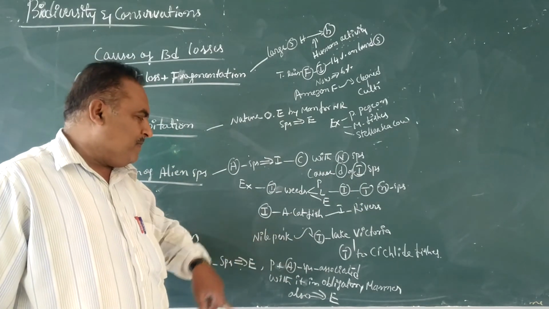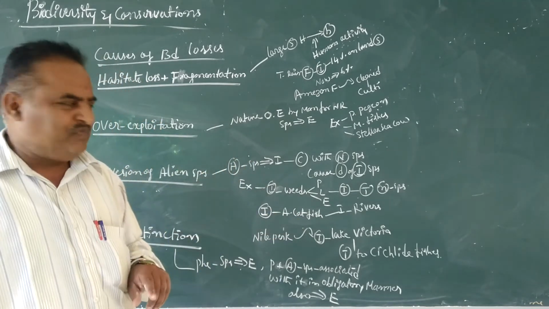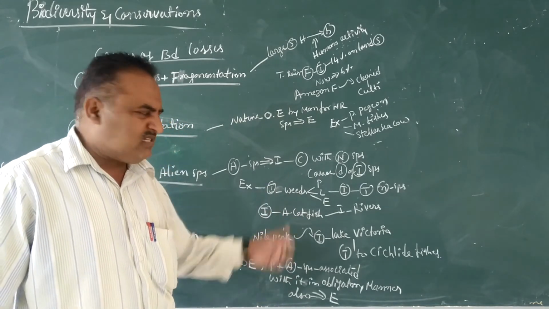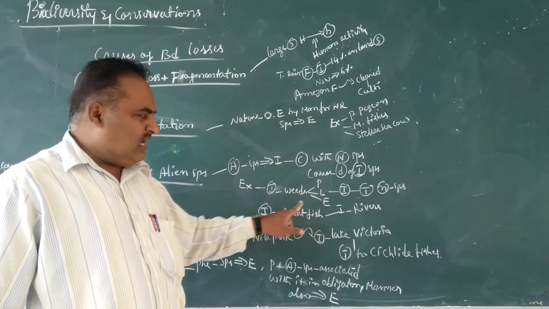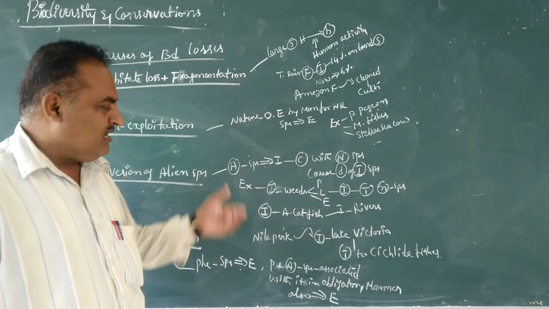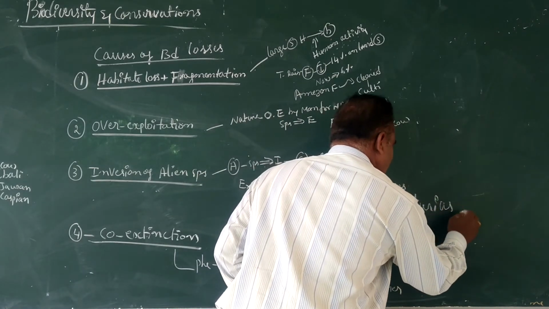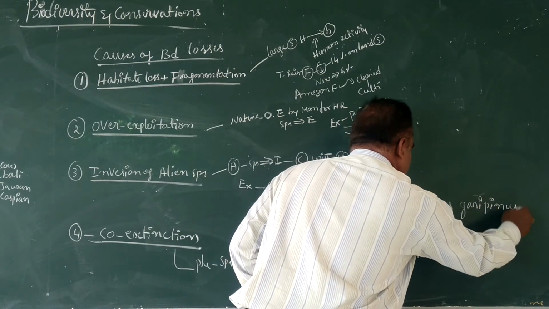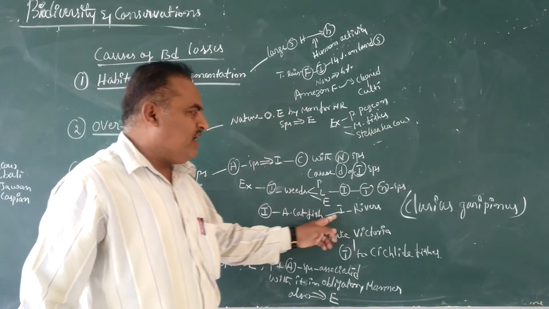One more example is the introduction of African catfish, scientifically called Clarias gariepinus, into Indian rivers.